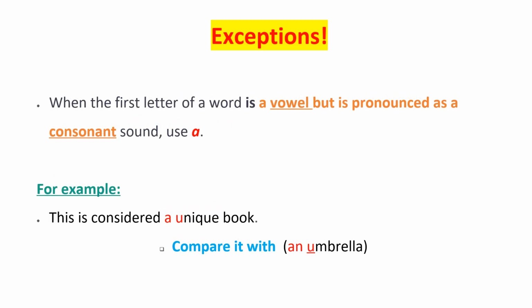When the first letter of a word is a vowel but is pronounced as a consonant sound, use a. For example, this is considered a unique book. Compare it with an umbrella. Same letter, different sound. Unique, umbrella. You, a.